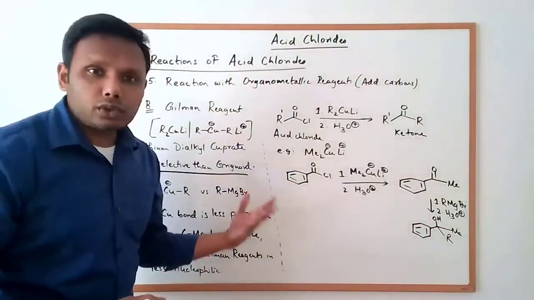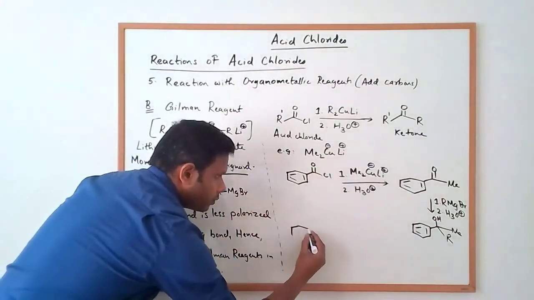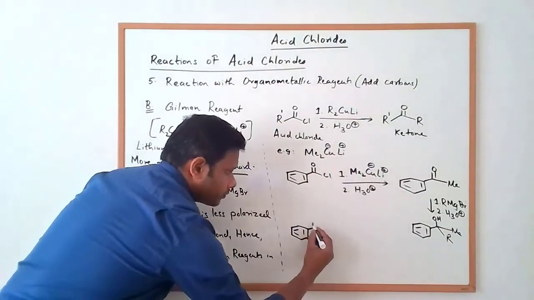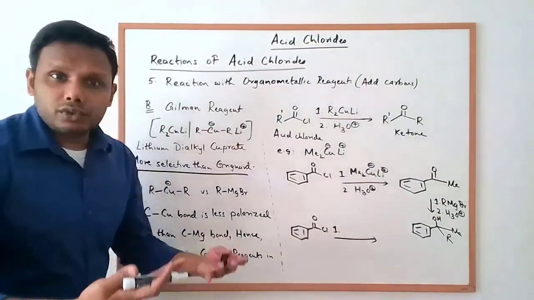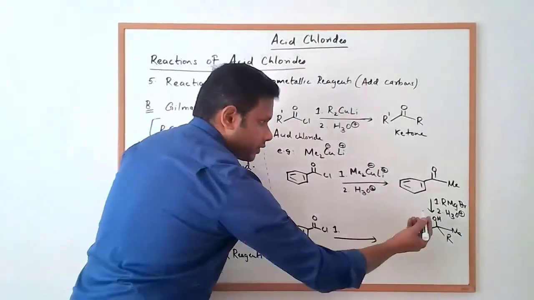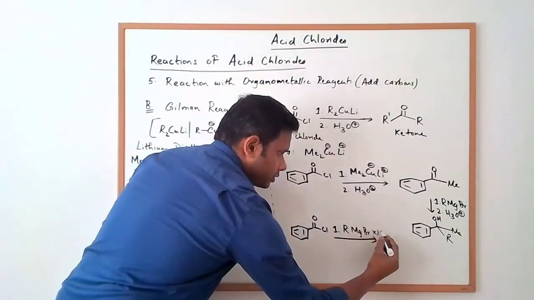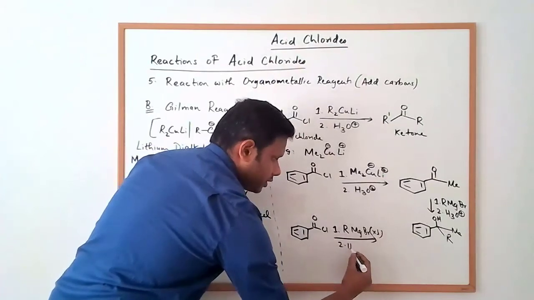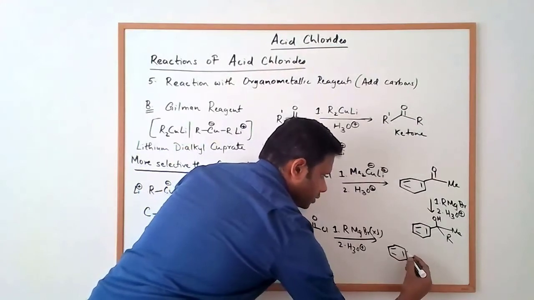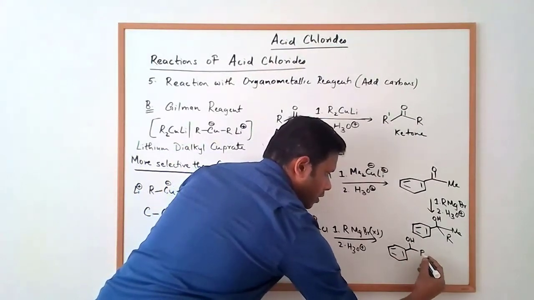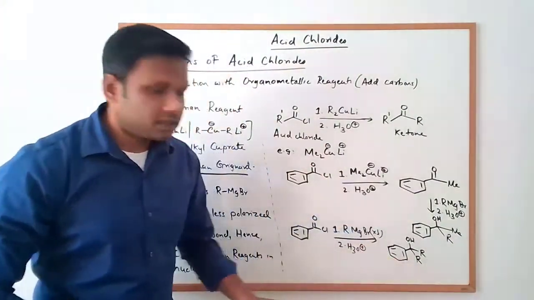Now, clearly you cannot do this using only a Grignard reagent, because if you react the benzoyl chloride with a Grignard reagent in excess, so let's say I'm using an excess of some RMgBr followed by an acidic workup, my product is going to be a tertiary alcohol, but both of these R groups are going to be identical.